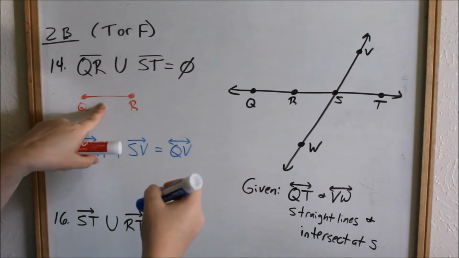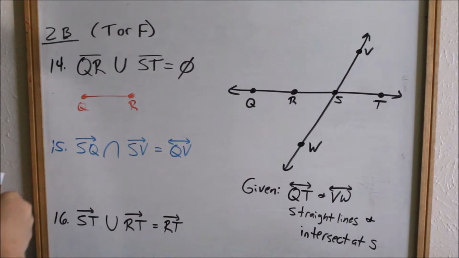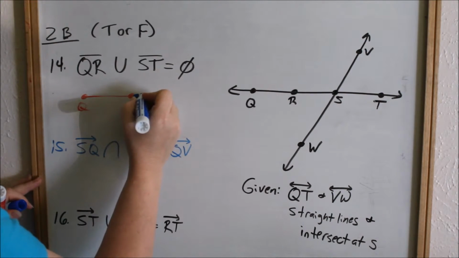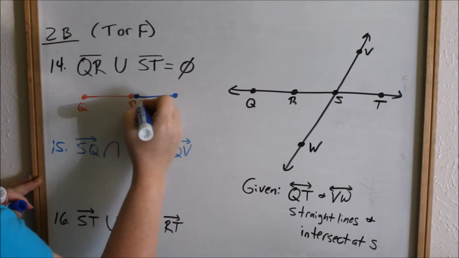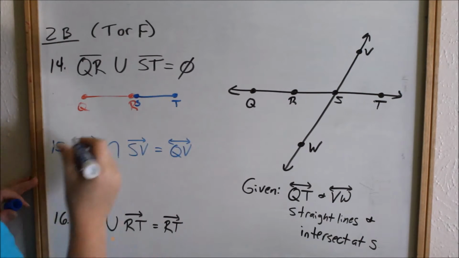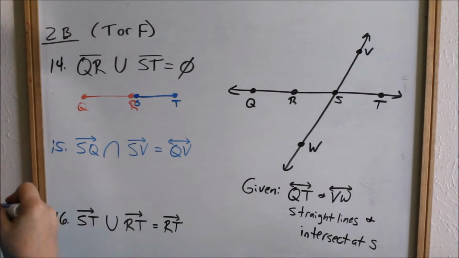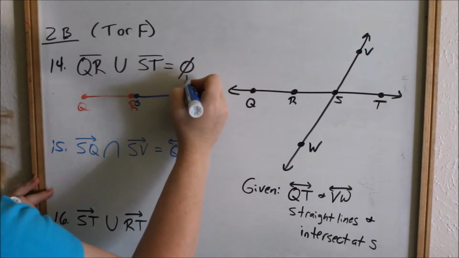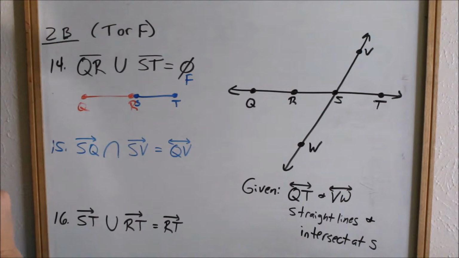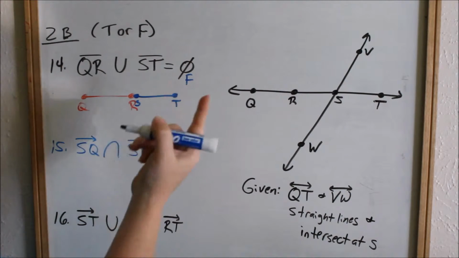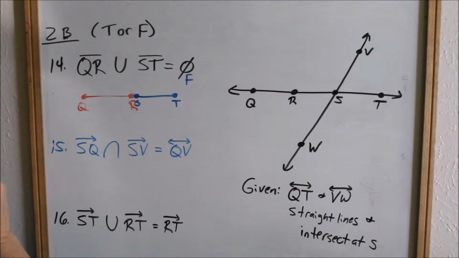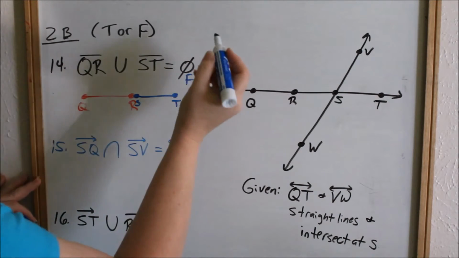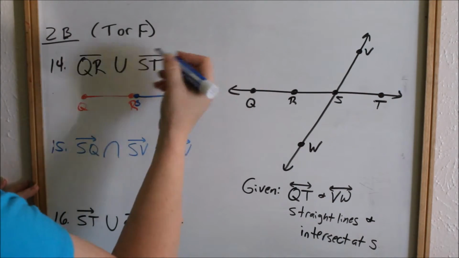So when you redraw them out of the picture, you have line segment QR, and then you basically have line segment ST, right next to each other, end to end. So your answer is not empty or null set. This answer is false. Basically your answer would just be the two line segments combined together. It's pretty difficult to write that because you'd have to write it in words.